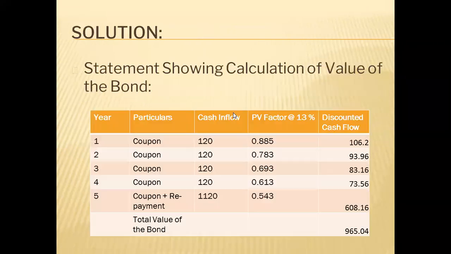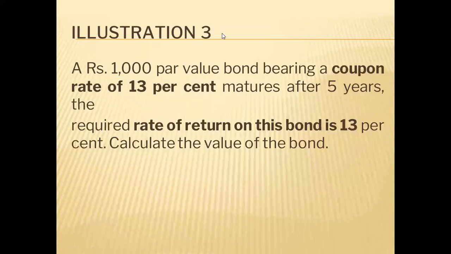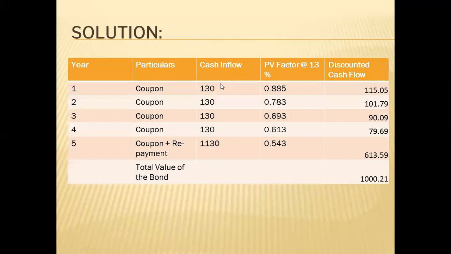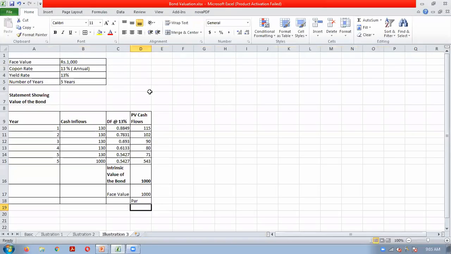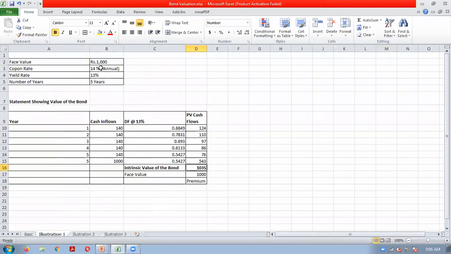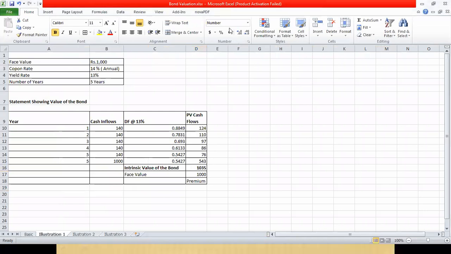In illustration number 3, everything is the same, only the coupon rate is changed to 13 percentage instead of the previous 14 and 12 percentage. Yield rate is kept the same, coupon rate we have changed. So we got 3 different values by changing the coupon rate and keeping the other parameters the same.